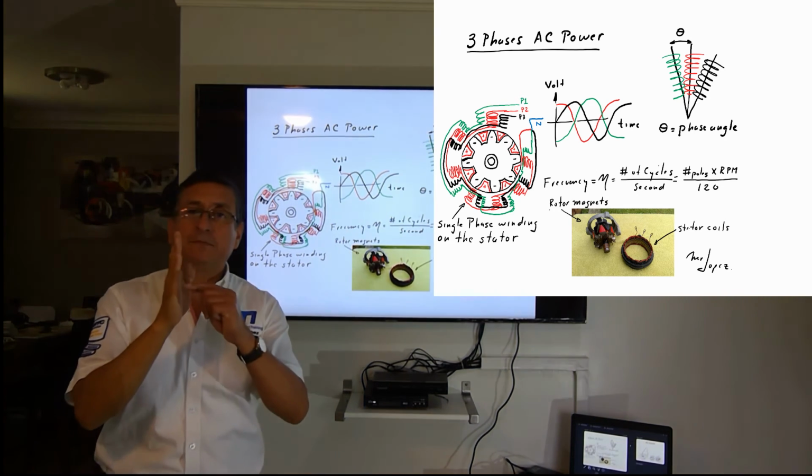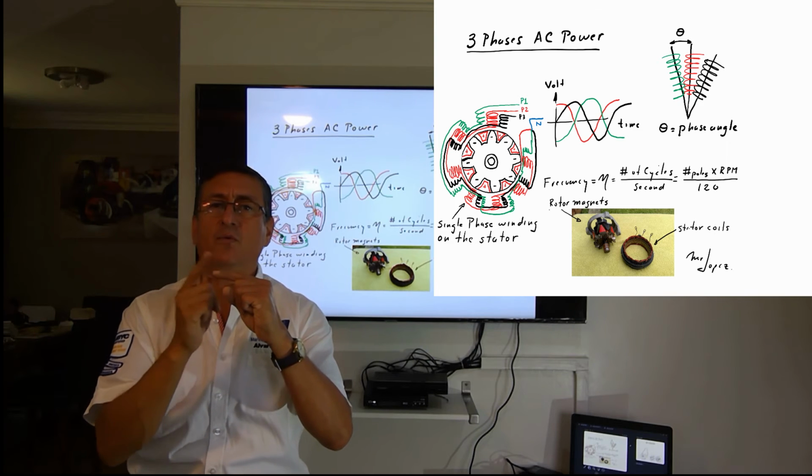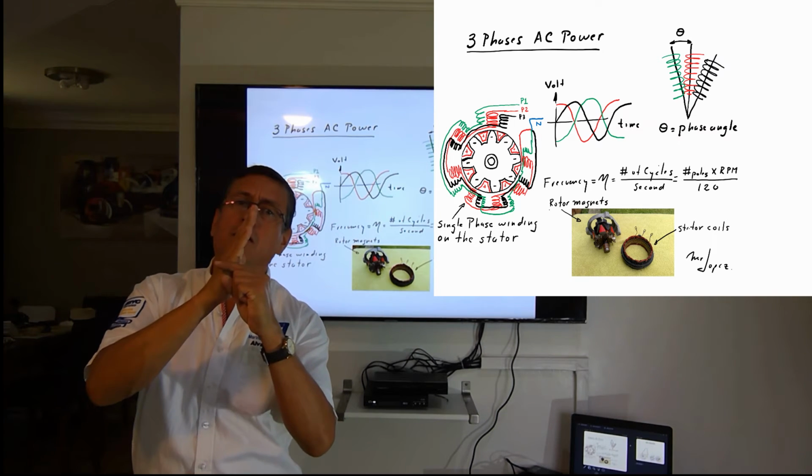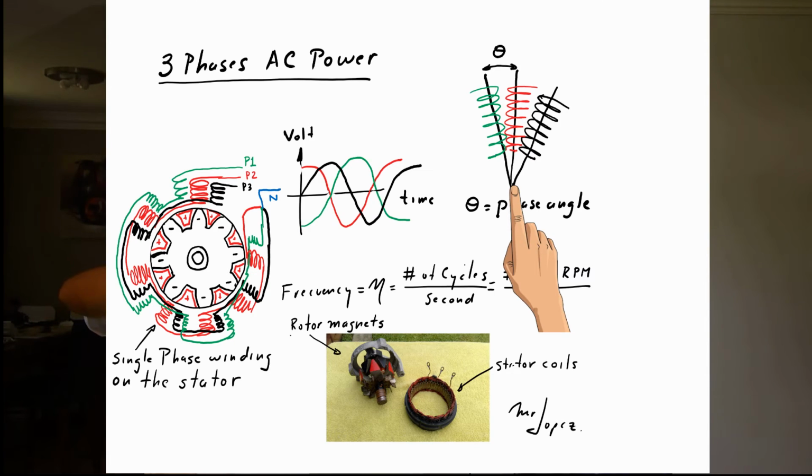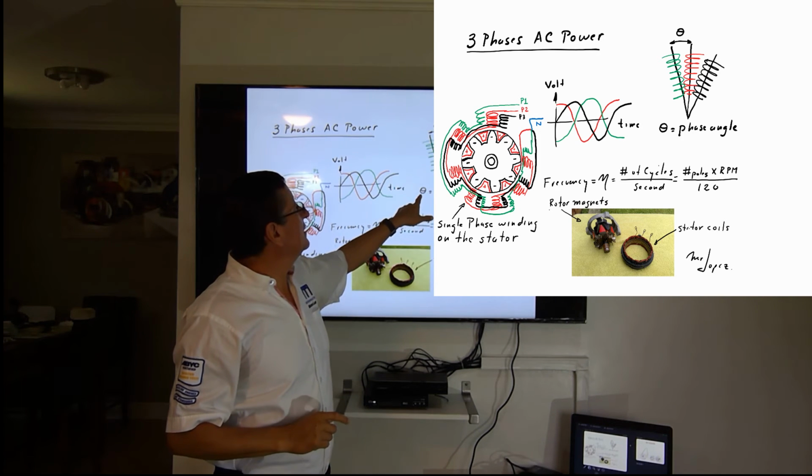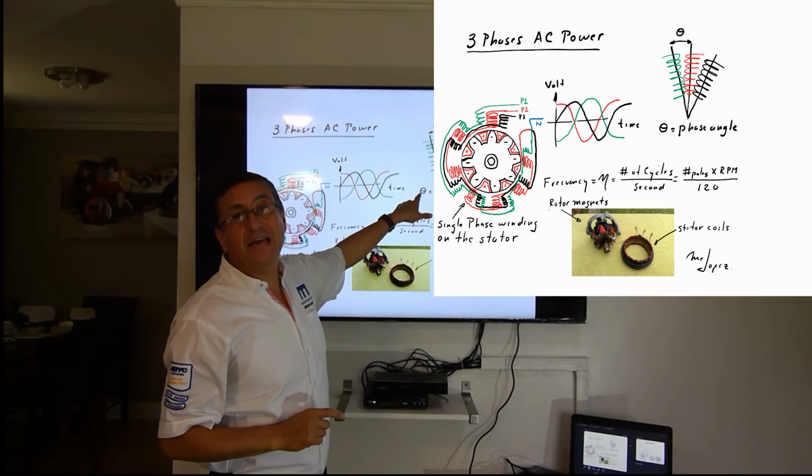Because each phase is winding at a different angle with respect to the frame. Each winding is located some degrees separated from the other one. Those degrees of separation between each phase are the phase angle.